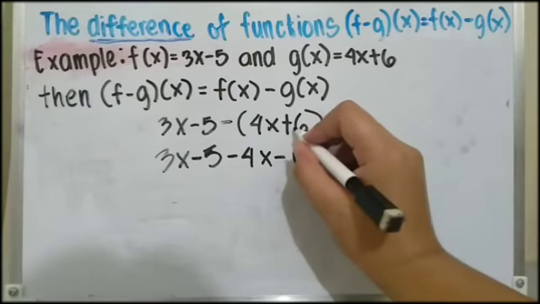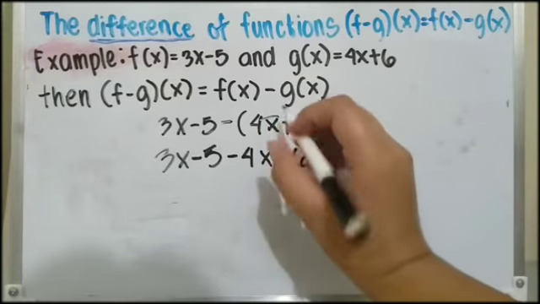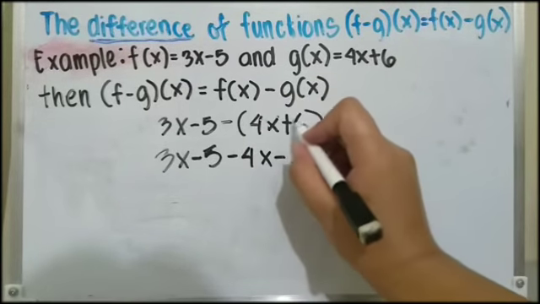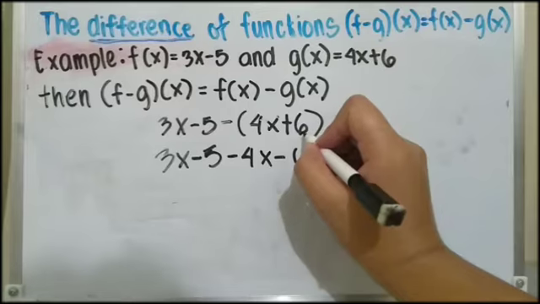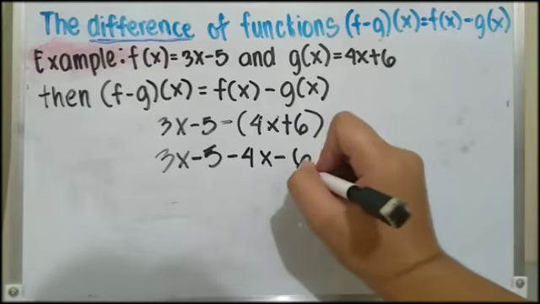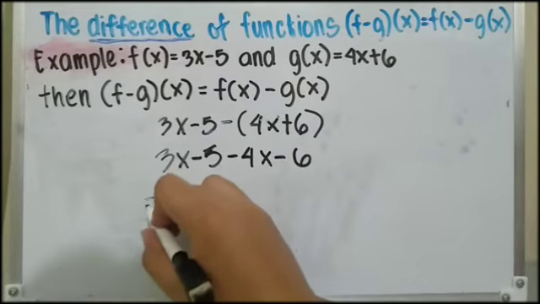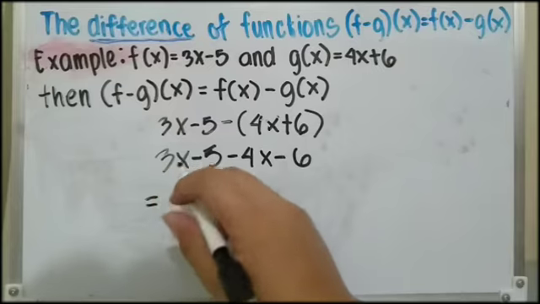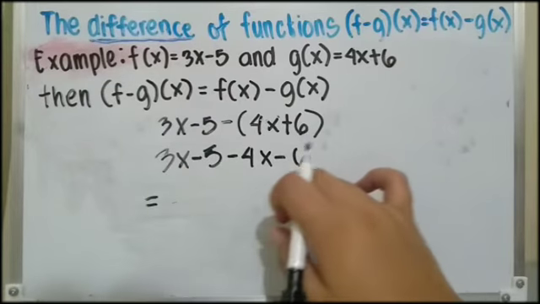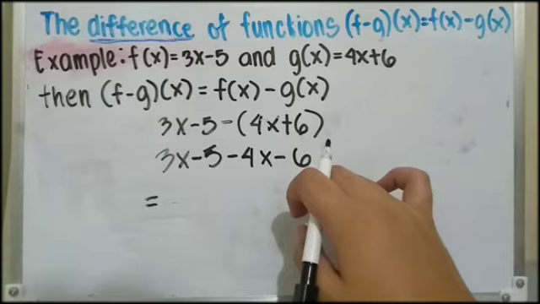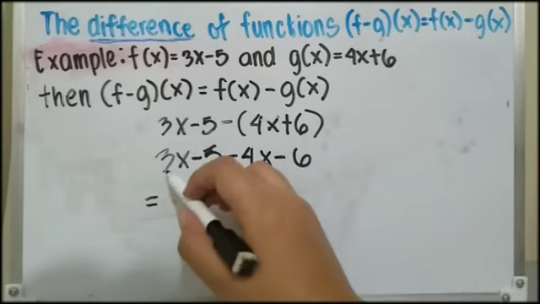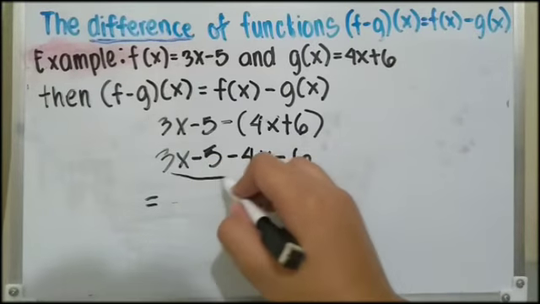We change the positive 6 into negative 6. Then after that, you will just solve the like terms.